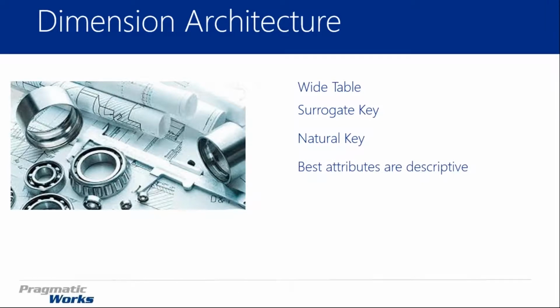When you're building out your dimension architecture, one thing I want to point out is that the best attributes are going to be descriptive. What I mean by that is you shouldn't have a lot of codes and cryptic abbreviations that you're storing in your dimension tables. When you put those codes and abbreviations in your tables, your end users don't know what they mean, and now they're having to go back to other tables and try to decipher those different codes, or you walk by their desk and they've got a bunch of sticky notes all over their computer.